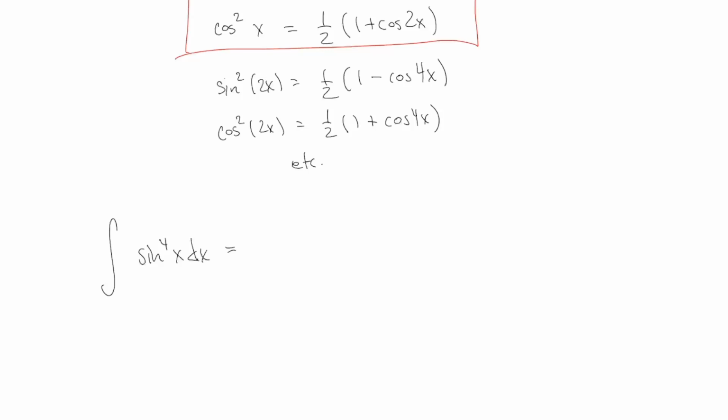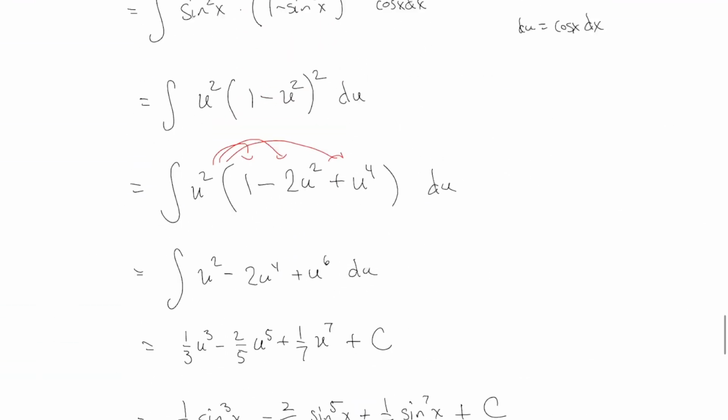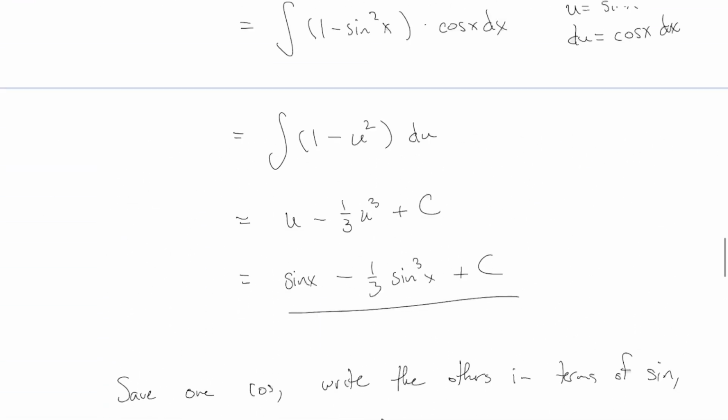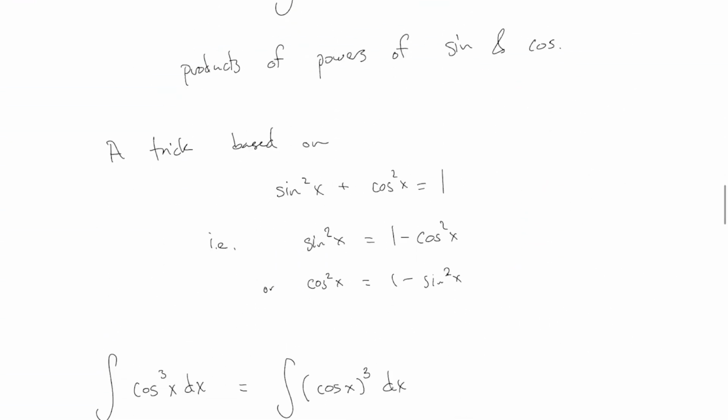first of all, you look at this and say, I'm going to have to do some weird trig integral trick, but the power is not odd, which means you can't do that save-one kind of trick. Because if I save one of these, then I'll have sine cubed left over, and there is no convenient way to handle sine cubed by using these formulas, all right?